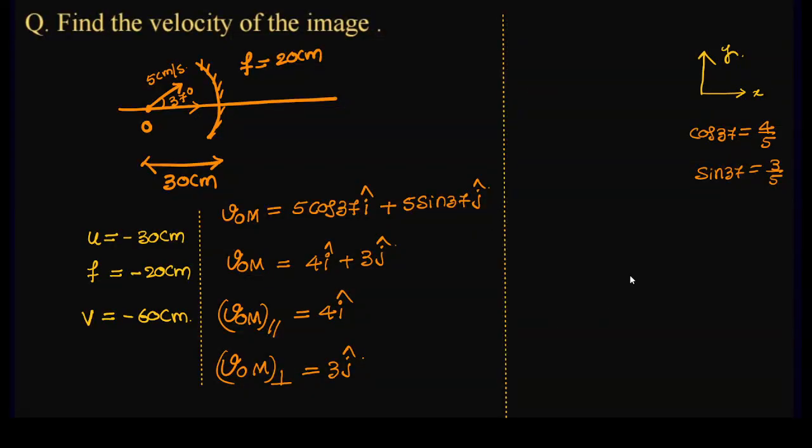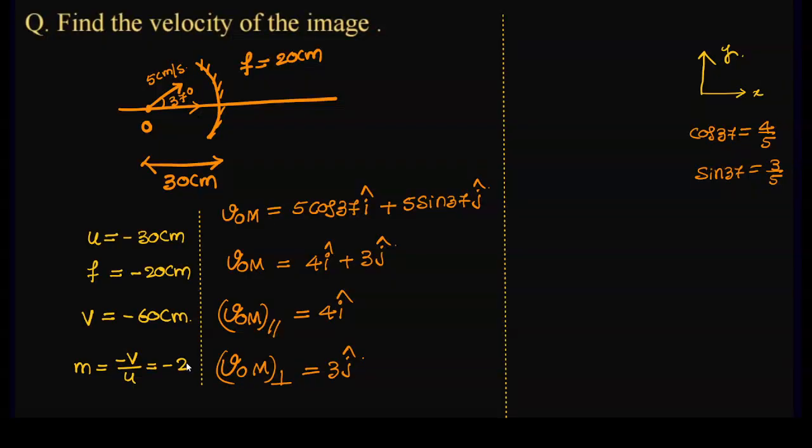Next, now we need to apply the formulas. We'll find the magnification also. M value here, how much will come? Minus V by U will come. How much now, 2 or minus 2? Minus 2.